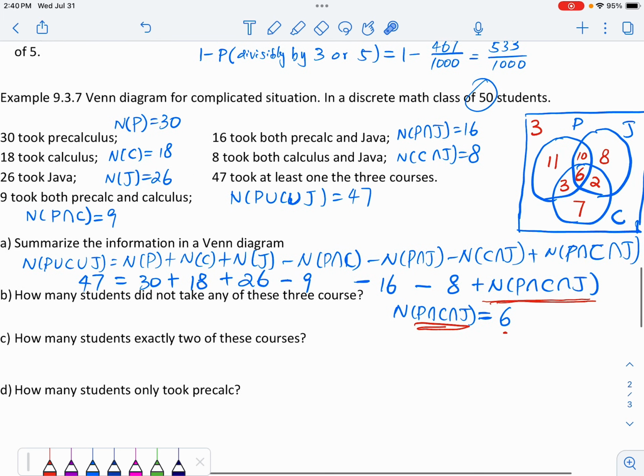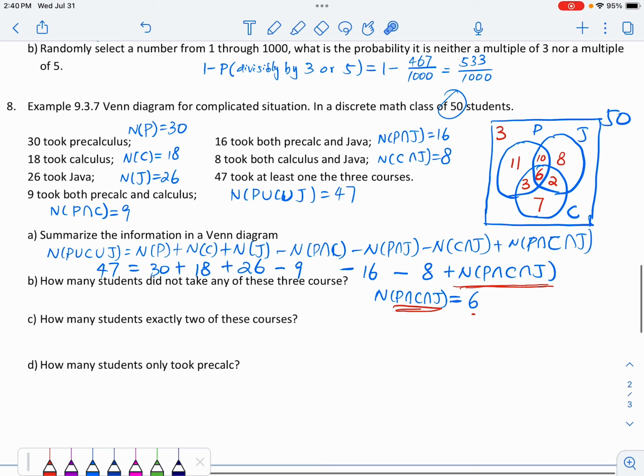Now, once you have all this information, you can answer all these questions easily without any trouble. So how many students did not take any of these 3 courses, which is outside the circle, right? So therefore 3. How many students took exactly 2 of these courses? So exactly 2, not just 1.